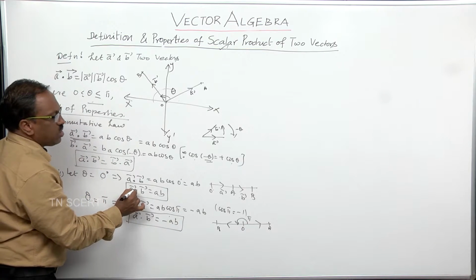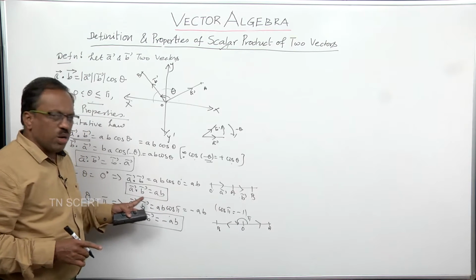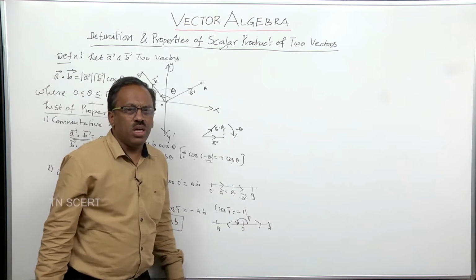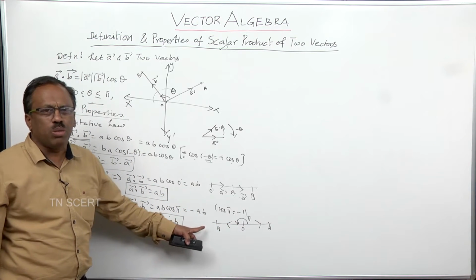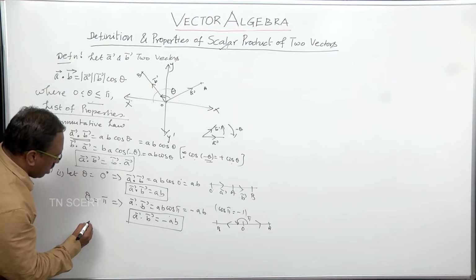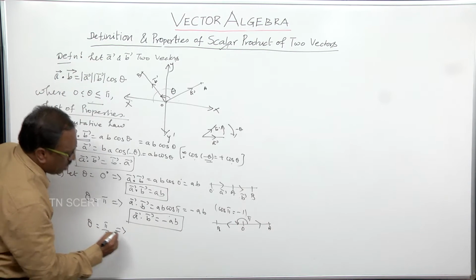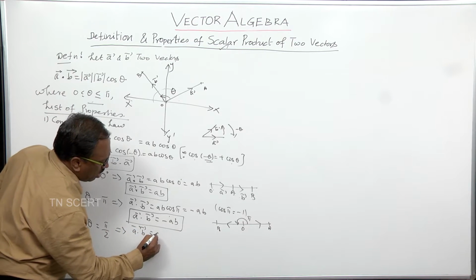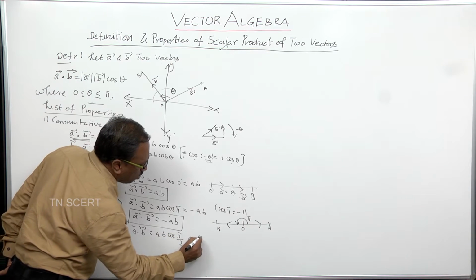The first case, two vectors lie in the same direction, A dot B is equal to AB. Two vectors in opposite direction, theta is pi, obviously the answer is A dot B is equal to minus AB. And theta is equal to pi by 2. What happens? A vector dot B vector equals AB cos 90, and cos 90 is obviously 0.